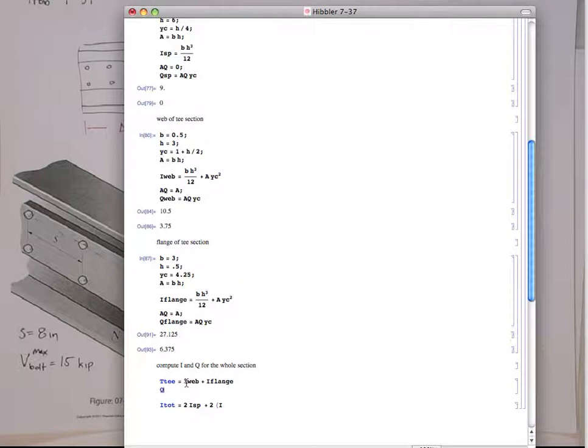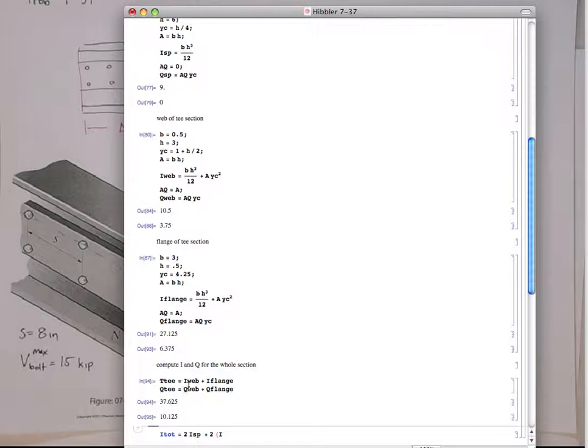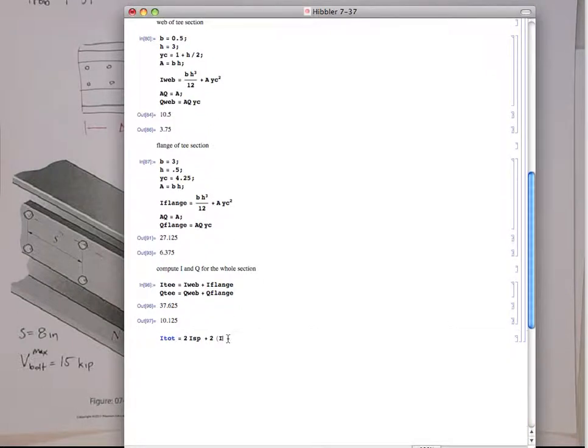And then I could do Q of the T is going to be the Q of the web plus the Q of the flange, right? So that's the T. I'm sorry, why do I have T? It should be I. That's the I of the T, 1T section. That's the Q of 1T section.